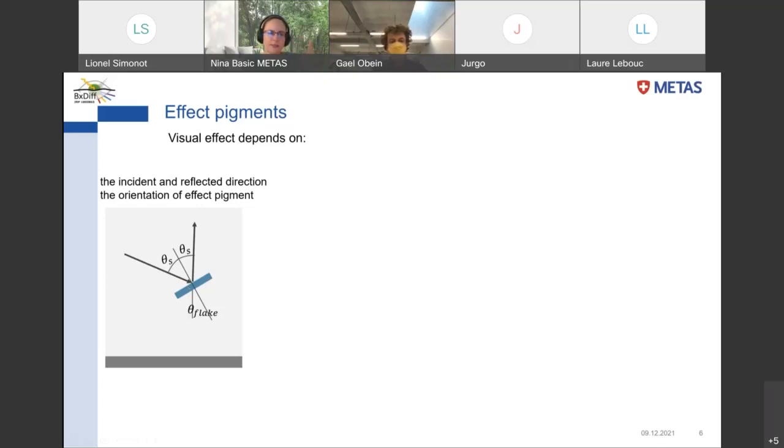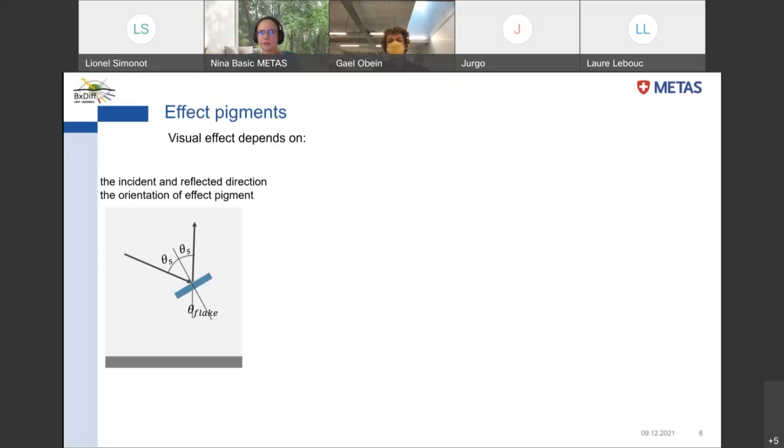Geometry dependent means we need to be aware of how the light is incident and from which angle we're looking, but we also need to be aware of how the effect pigments inside are oriented. If they're very flat, then we have just 0, 0, and that's it. If they're not flat, we can have something like this, where we have quite a big angle of the flake, and the light just goes out of the coating at a very different angle. So we need to be aware of that.